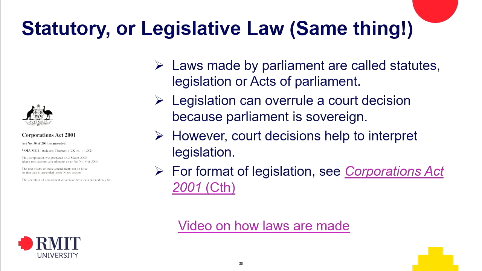There's a video on how laws are made, which I won't play now, but in your own time, I do recommend having a look at those. They're published on Canvas under the supporting media materials. But in brief, what will happen is a member will raise a bill, which is kind of the start of a law, and they'll pass it into generally the House of Representatives first.